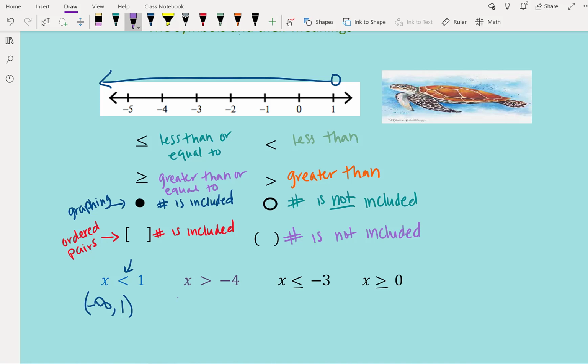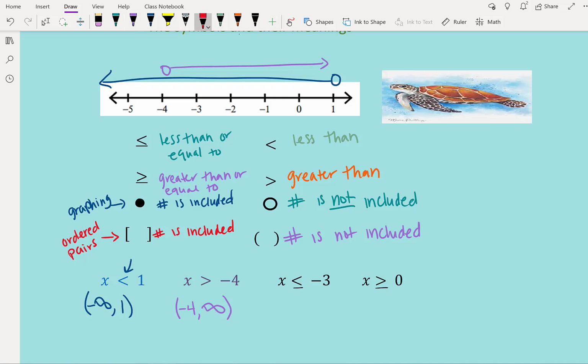Algebraically, the way that we write it, negative 4 is the small end, and it's all the numbers bigger. So we write positive infinity, because it's everything bigger than negative 4. Again, this one is not included, so it's going to be an open circle, and we're going to represent all of the numbers bigger than negative 4.